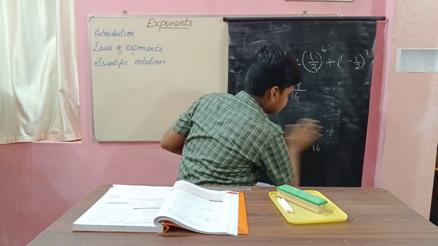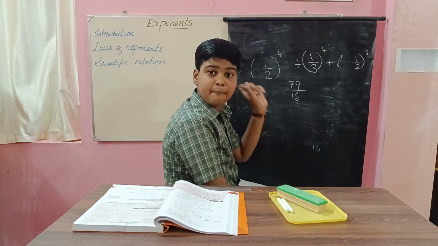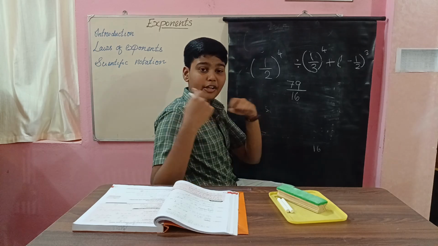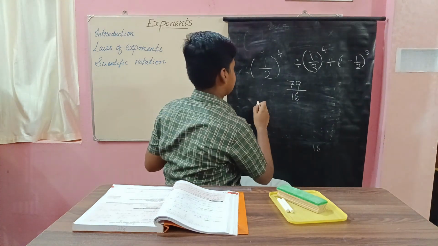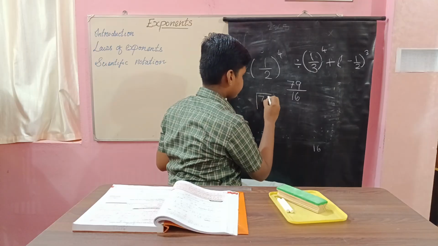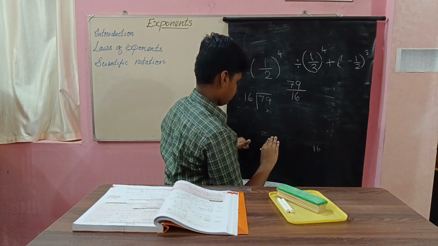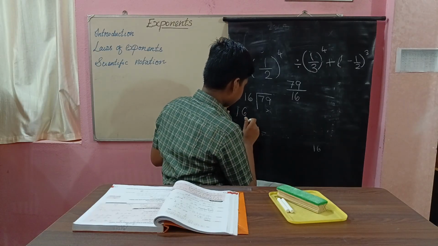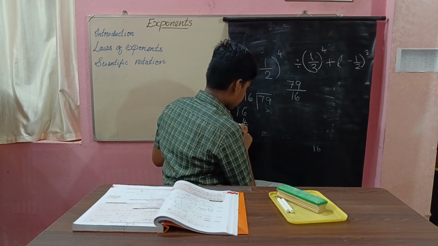So is it good for leaving this alone? No. This is an improper fraction. Now let's write it as a mixed fraction. Before you write, please check whether this is divisible by any number. If not, just simplify it. So 16 into, we can take 4. 4 sixes are 24, 2 remaining, 64.